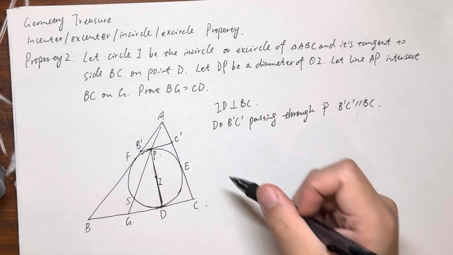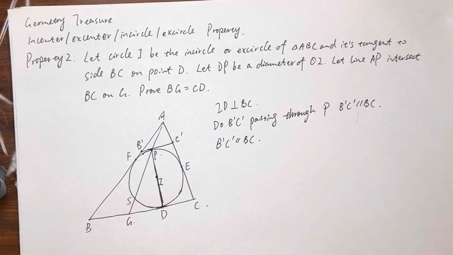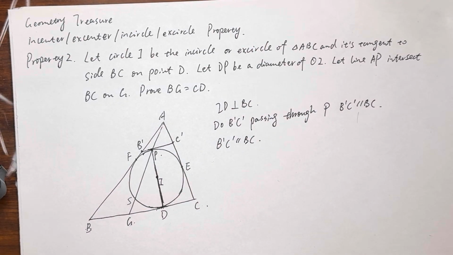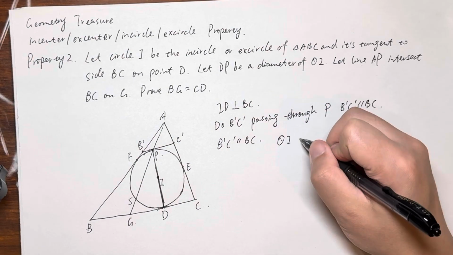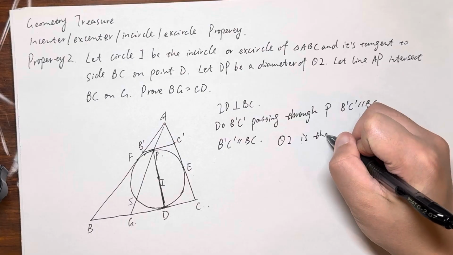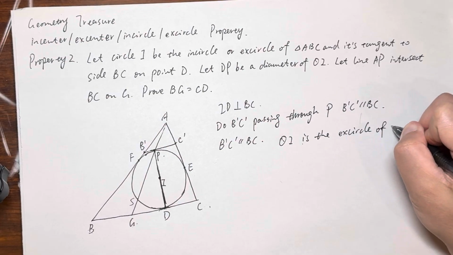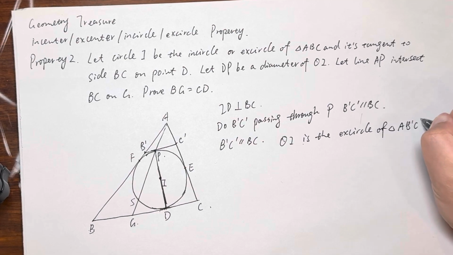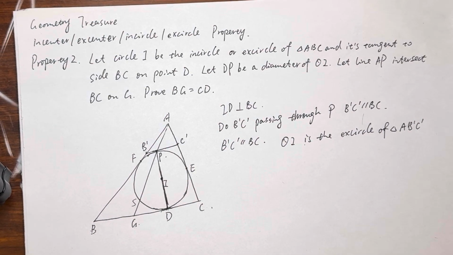What we got here, we know that B prime C prime is parallel to BC. And most importantly, we find that circle I is the excircle of triangle A B prime C prime now. Right, that's critical.